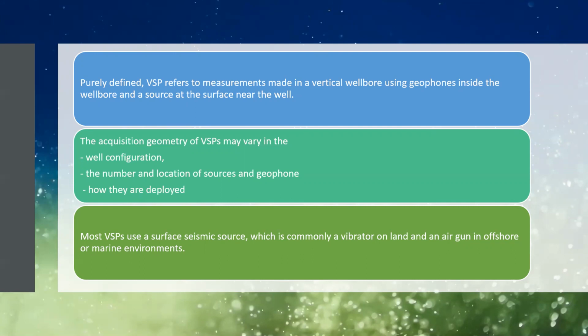The acquisition geometry of VSP may vary in the well configuration, the number and locations of source and geophones, and how they are deployed. The more detail of these points will come when I discuss various types of VSPs and their geometries.